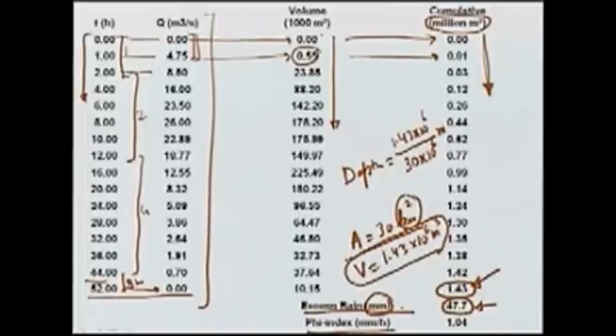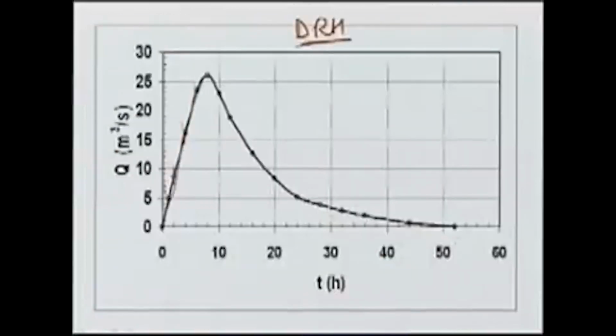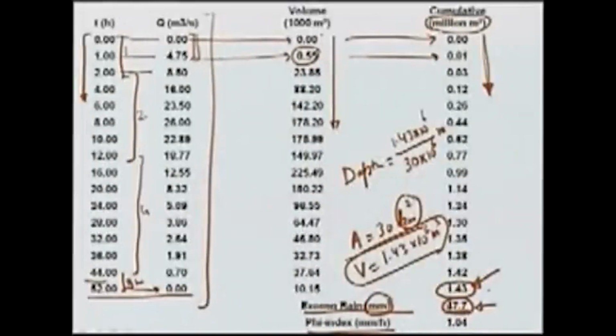So, this means that the DRH which is shown in this figure is a result of 47.7 millimeter of rain over the entire catchment area of 30 square kilometer. The assumption of course is that the rainfall occurs uniformly over the entire area. In that case, it should have a depth of 47.7.